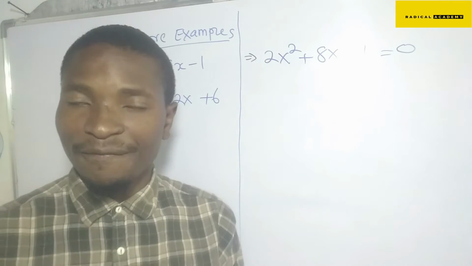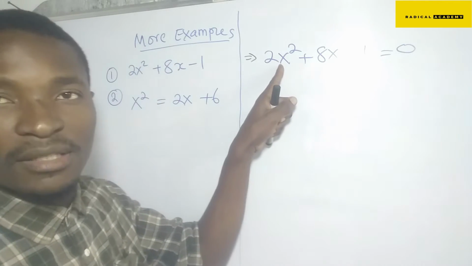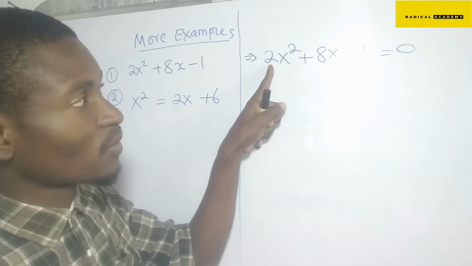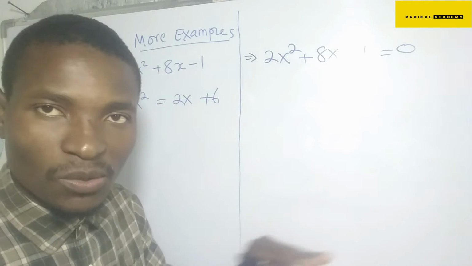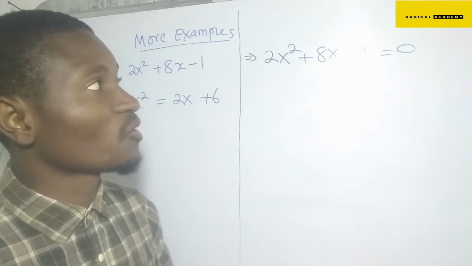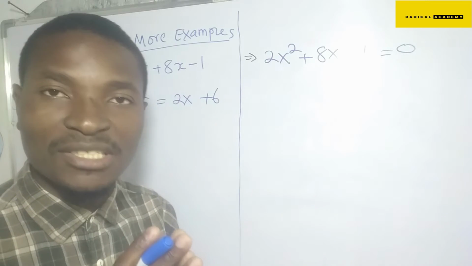Okay, now the first procedure is to ensure that if there is a number in front of x squared, you have to divide throughout by that number, so that we make the coefficient of x squared just 1.